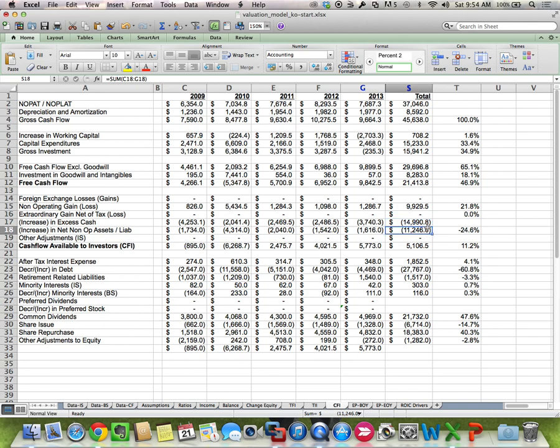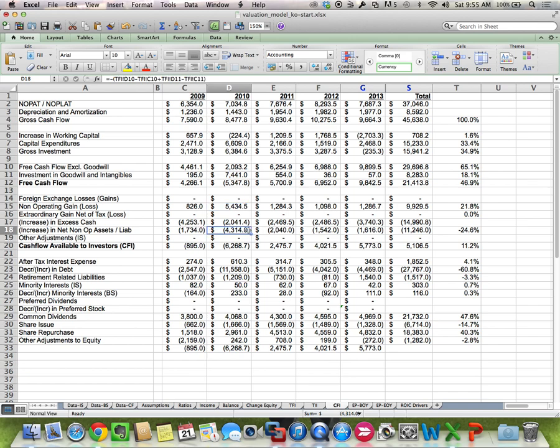They increased their non-operating assets, but then they also had a non-operating gain to offset the increase in the non-operating assets. My guess is, when did most of this occur? Well, if you look at the non-operating gain, it occurred the year they did the acquisition. When did most of the increase in non-operating assets happen?